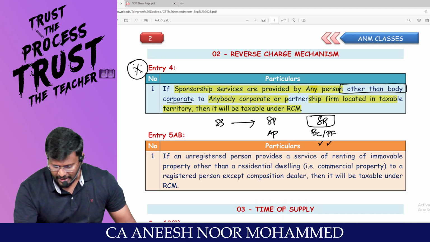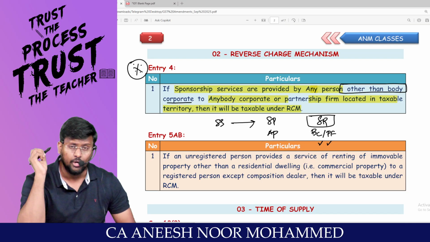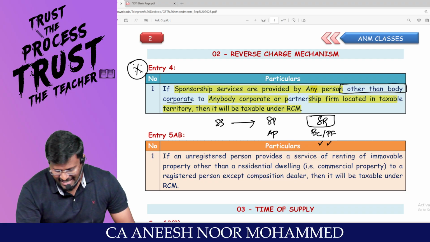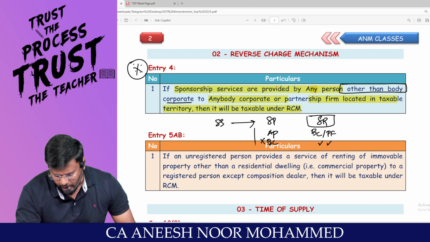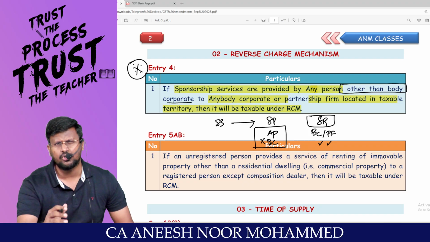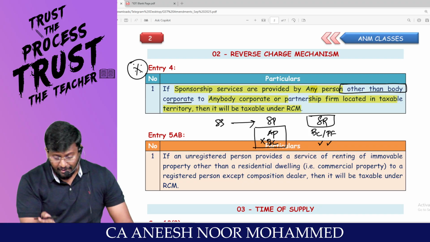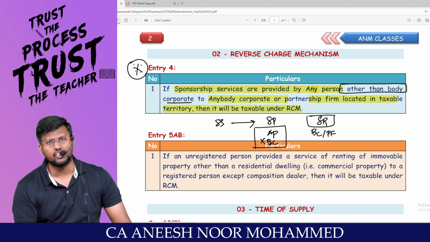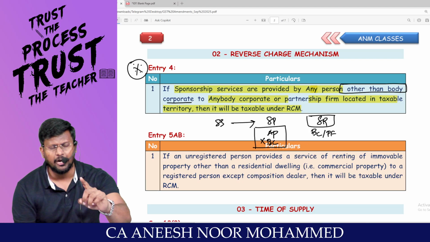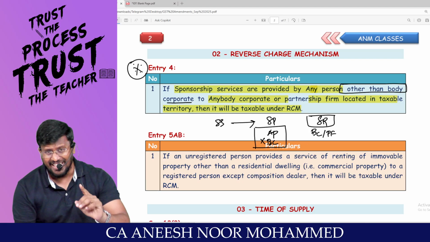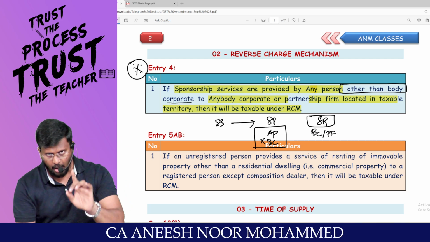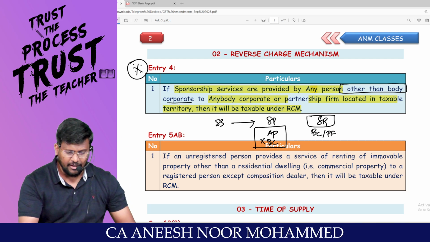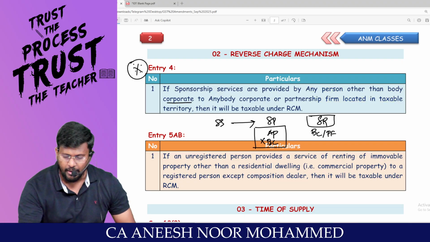If any person other than a body corporate, that means the service provider is not a body corporate, and the service recipient is a body corporate or partnership firm, then the body corporate or partnership firm is strong. That's why earlier RCM was applicable. Now they have amended saying that you have to check the service provider also.